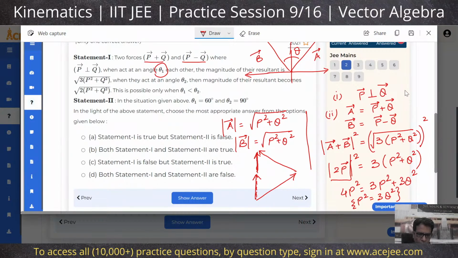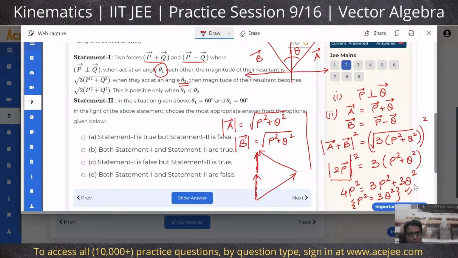So where are we going wrong? When the angle is theta 1, then we have this relationship between P and Q. If the angle is theta 2, then we will have a slightly different relationship between the magnitudes of P and Q, which makes sense.